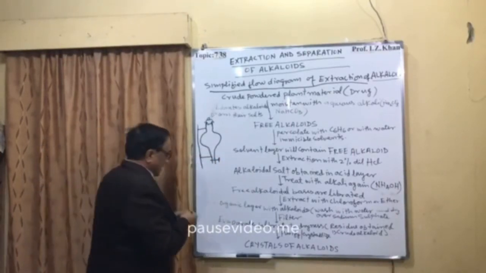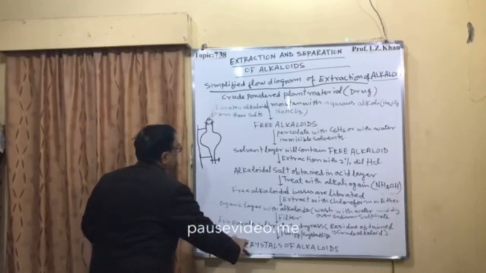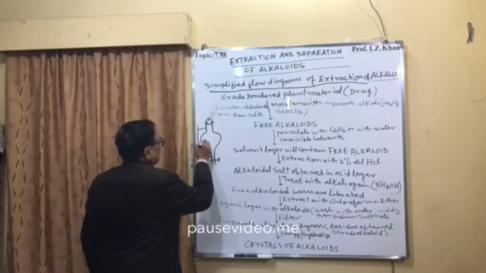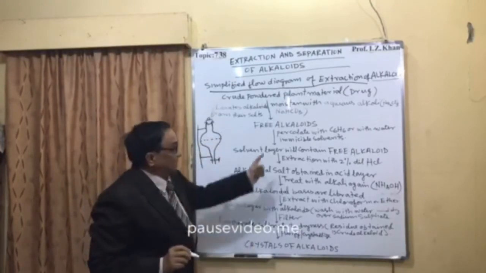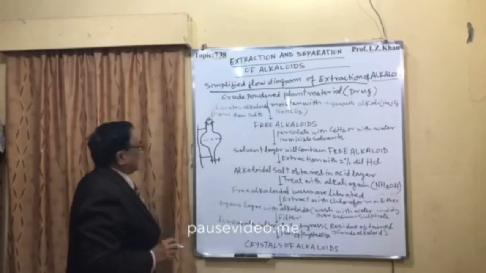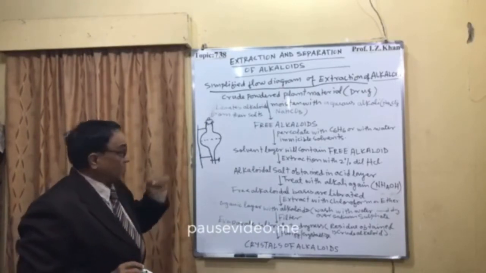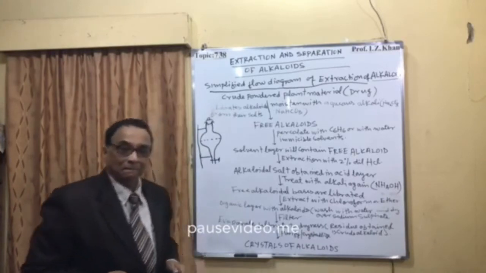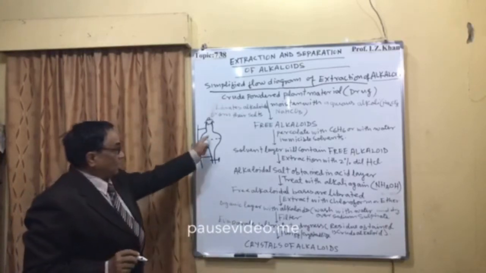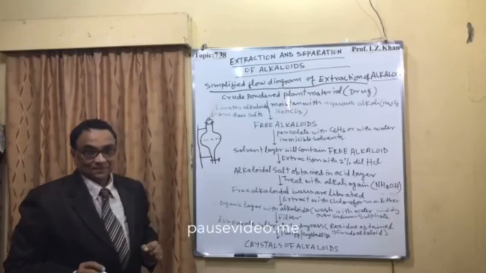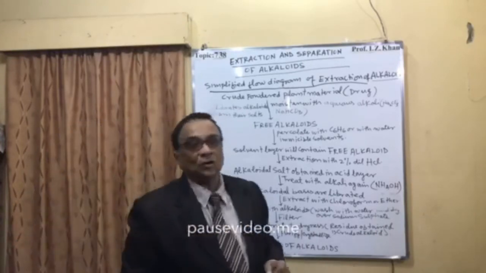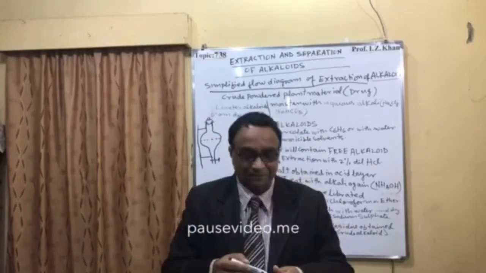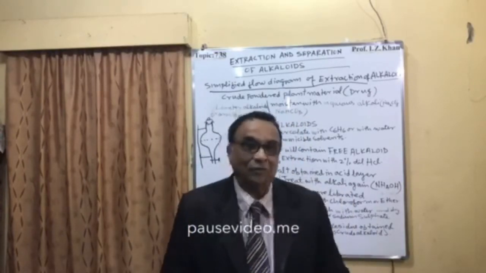What he was doing was taking water and chloroform. There are two, they are immiscible. One is the water layer and one is the chloroform layer. Now I am going to tell you which layer will be the chloroform layer, upper or lower. I asked the student to bring the separating funnel and show me. So he was showing the upper layer as the chloroform layer.